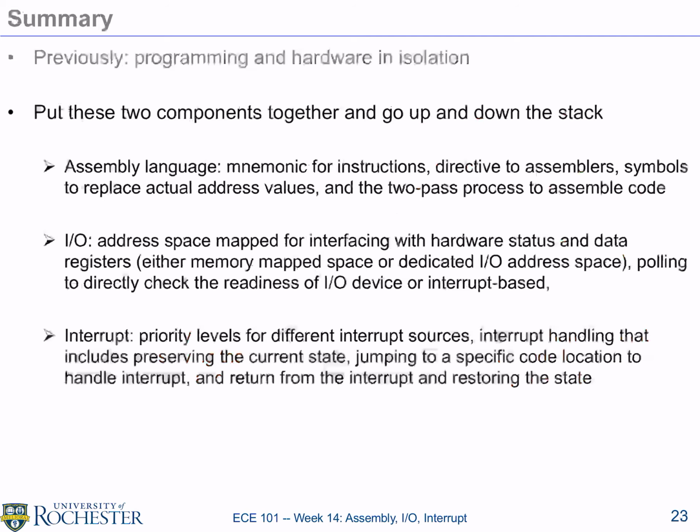Okay, and we can see most of these low-level handling, the nitty-gritty detail of the hardware, is actually usually done at the assembly programming language level. And they are sometimes polled, but mostly managed by an interrupt-based system.